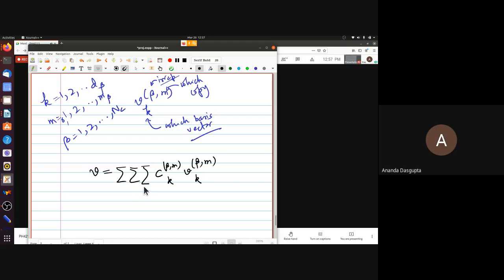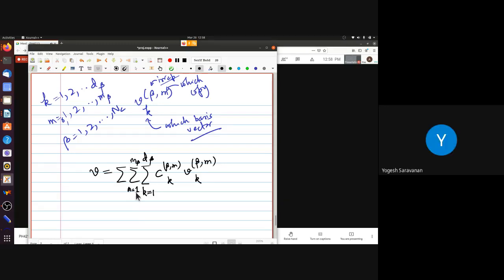What will I be summing over, and what are the limits? Say I'm summing over K, for example. What will be the limits for K? K would be from 1 to d beta, the dimension of the irrep beta. And M will go from 1 to the number of copies of it. Actually 0 too, but if it doesn't occur, I will just not use it.